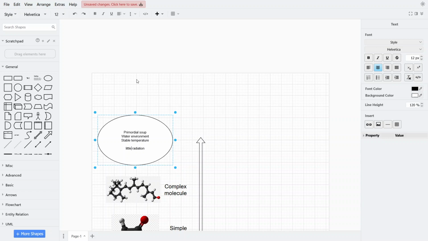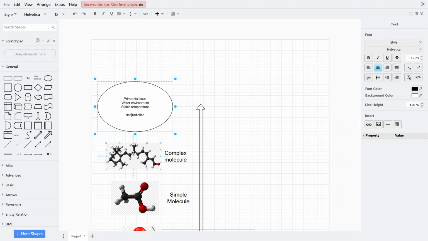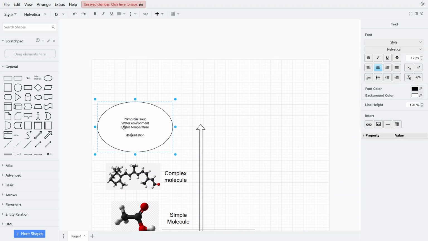To get something like that, you basically need to have a structure that preserves itself. So like a molecular structure that actually works on preserving itself.